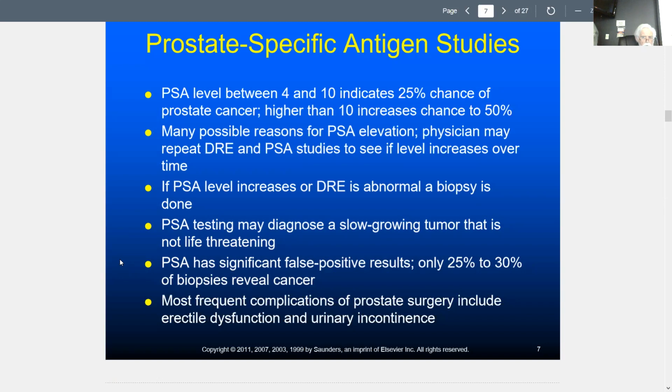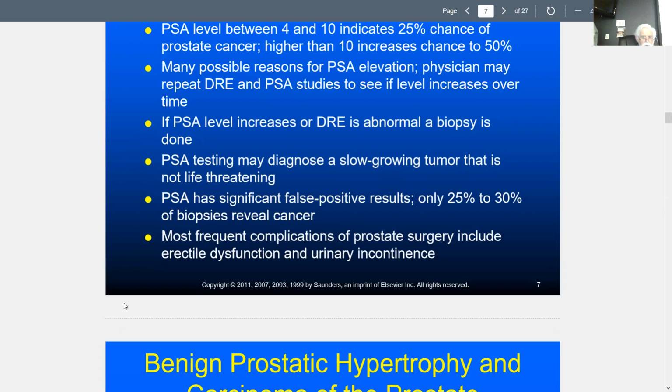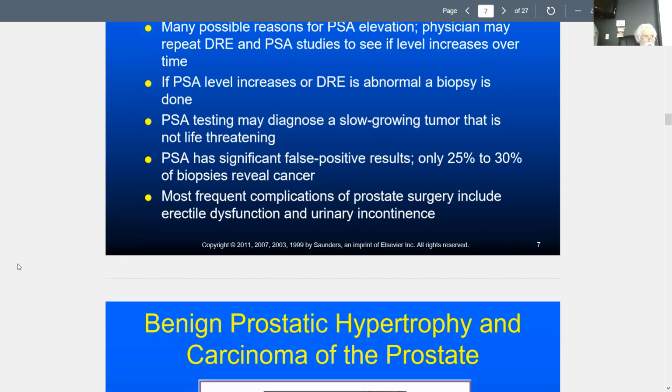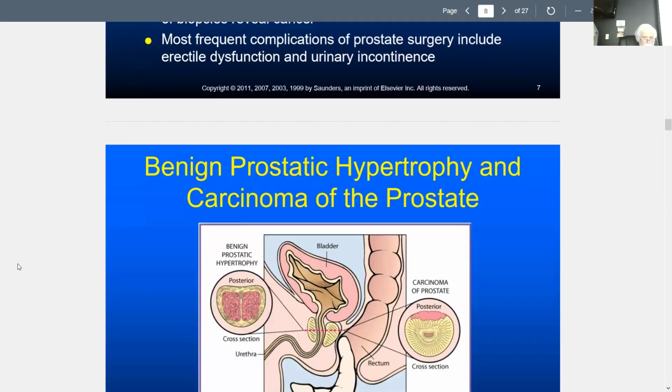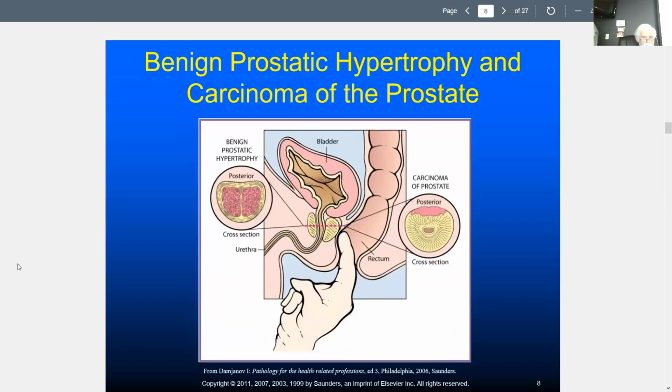If we see a very big increase in PSA, they'll usually do a biopsy on the prostate and take a look at the cells and see what's going on. There are operable prostatic cancers and inoperable prostatic cancers, but even inoperable prostatic cancers can be treated, with chemicals or with radiation.